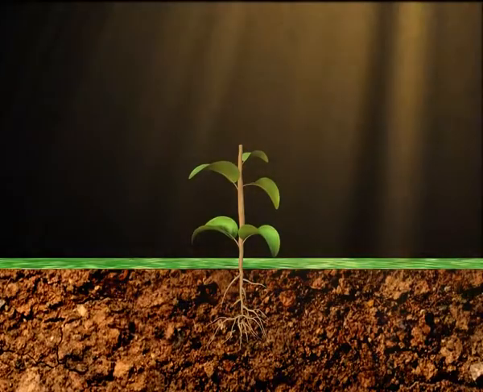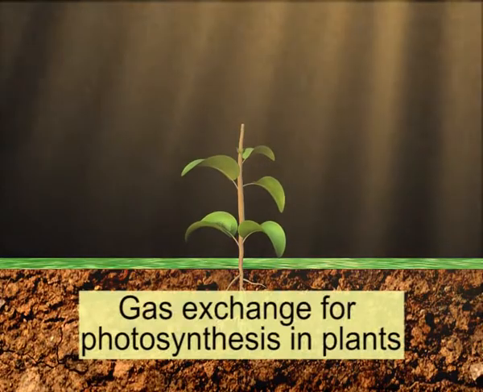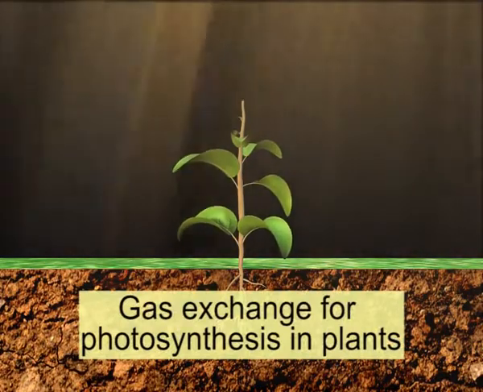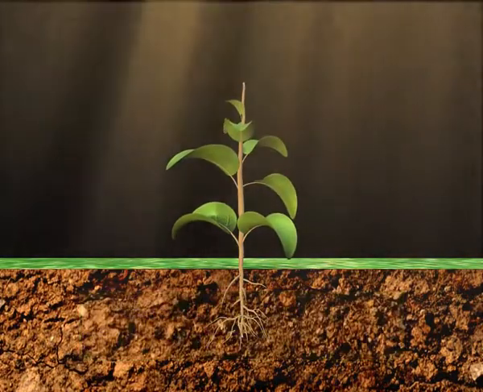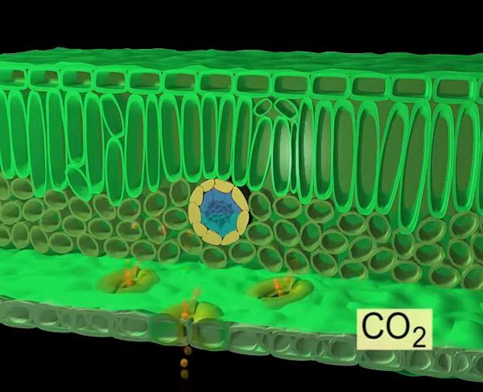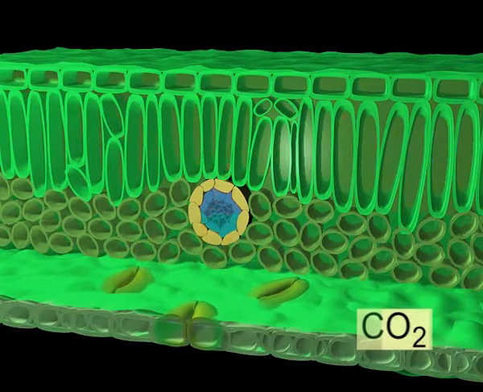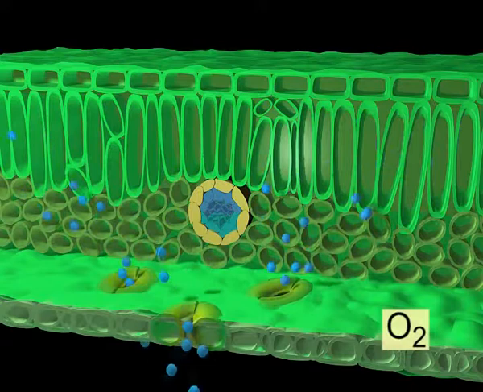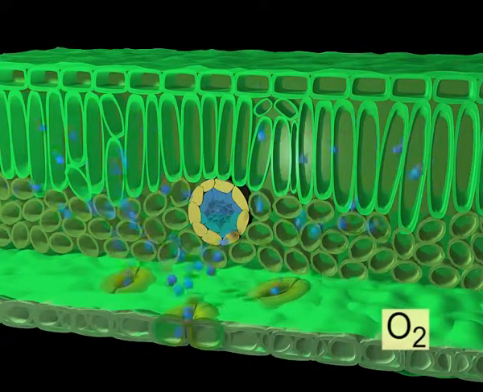Another example is gas exchange for photosynthesis in plants. During photosynthesis, carbon dioxide diffuses into the leaf through stomata and oxygen diffuses out of the leaf as shown here.